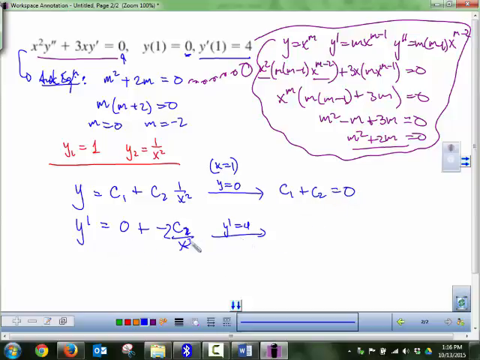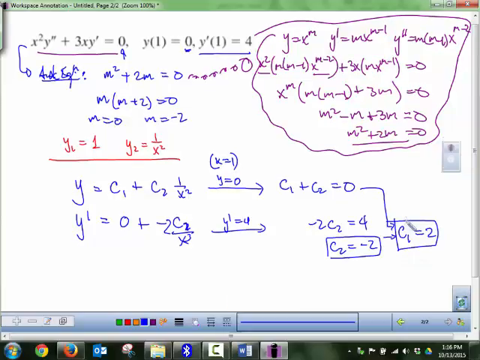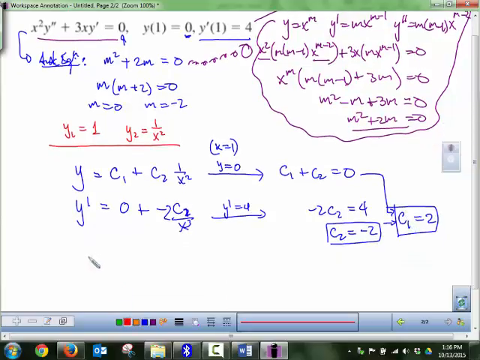And when x is equal to 1 for the second one, I have negative 2 C2 over 1 is equal to 4. So my C2 is equal to negative 2. And according to that, my C1 should equal positive 2. That's it.